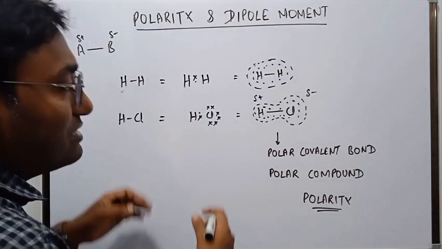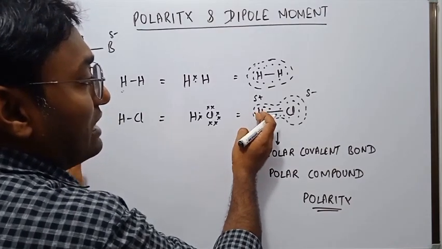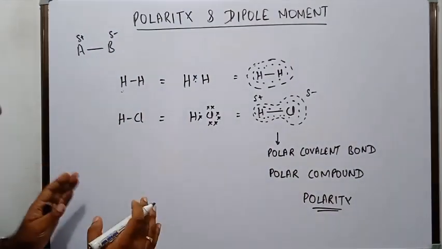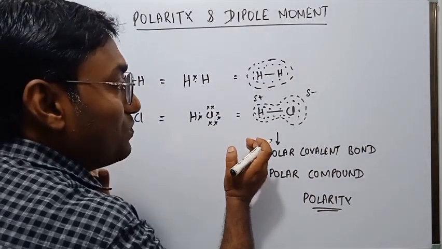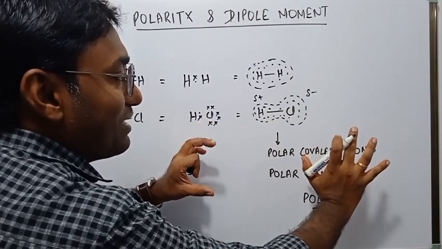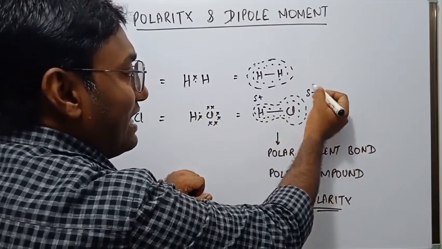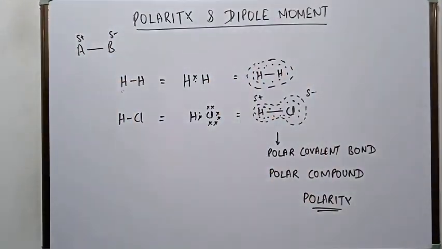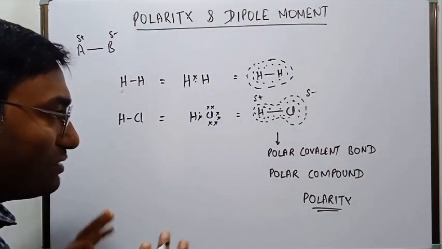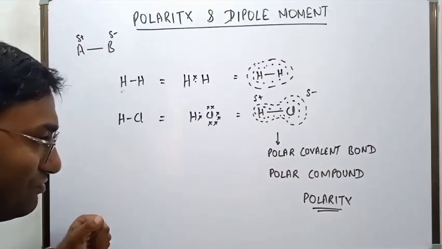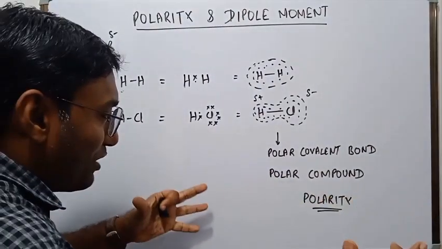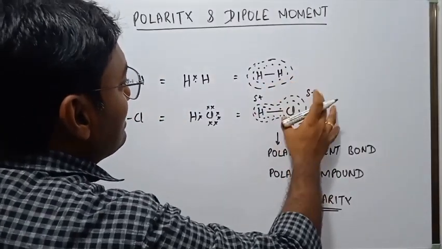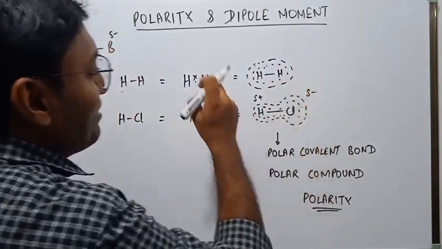Because of that difference, the electron cloud gets shifted towards the more electronegative atom, the atom that withdraws the electron, resulting in a negative charge around the region near the electronegative atom.